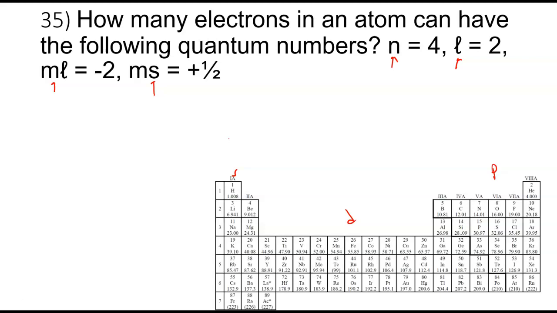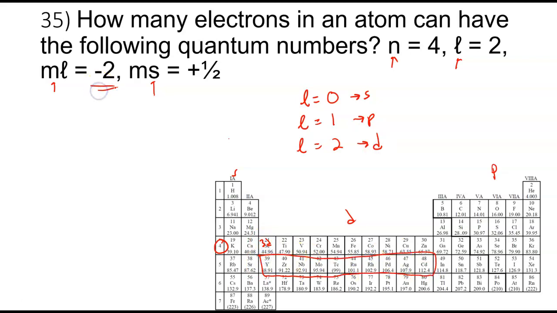So the question says, how many electrons in an atom can have the following quantum numbers? So n equals 4, that's the fourth energy level, right? L equals 2, remember, L equals 0, that's an S sublevel. L equals 1, that's a P. L equals 2, that is a D. So here we are. Remember, this is 3D, so we're somewhere here, right?